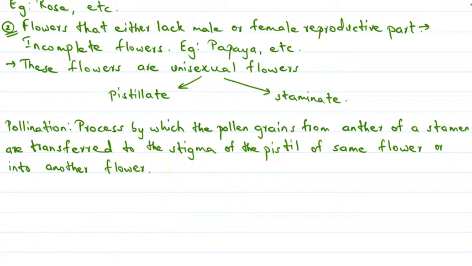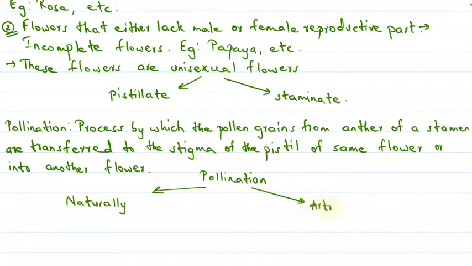Pollination can occur either naturally or artificially, that is, by natural means or by artificial means.